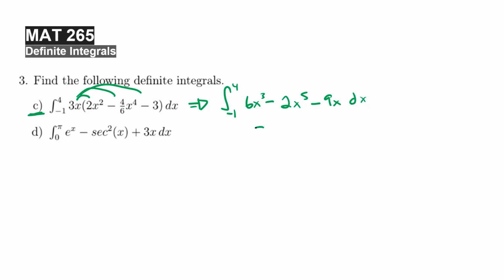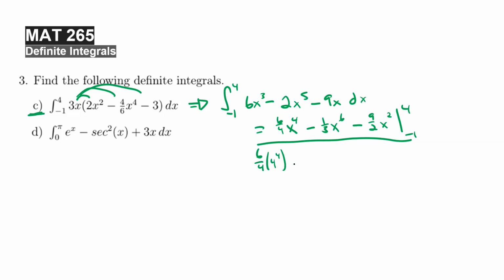Then this is equal to 6/4 x to the fourth minus 12/6 x to the sixth minus 9/2 x squared, evaluated from -1 to 4. We plug in 4, and then plug in 1, minus, in big parentheses, the same expression with negative 1.